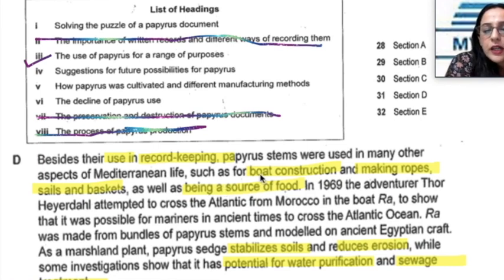So other uses like boat construction, making ropes, sails, baskets, being a source of food, and finally in the end also it is said that it stabilizes soil, reduces erosion. So basically it's talking about the advantages, but here in the beginning it's talking about the use of papyrus for a range of purposes. So third is the right answer for para D.